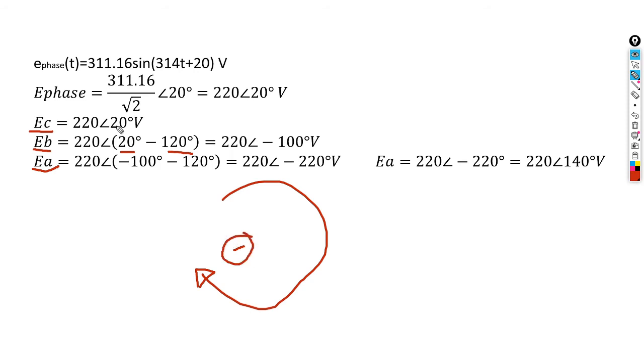So the reference is 20, then you say 20 minus 120, because the split between each conductor is 120, and then you get EB at minus 100. Then if EB is at minus 100, EA will be at minus 100 minus 120, and then you get this. If you punch it in your calculator, you will get an angle of 140.